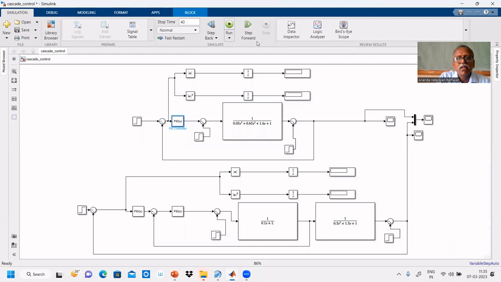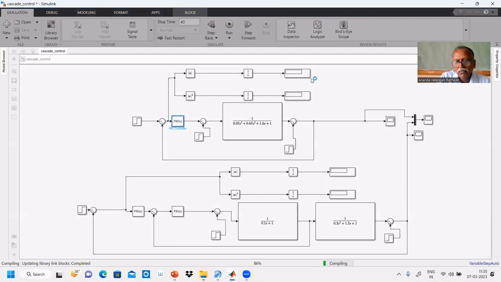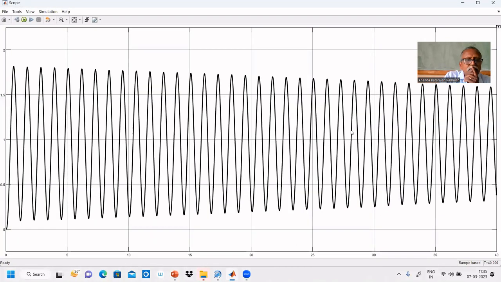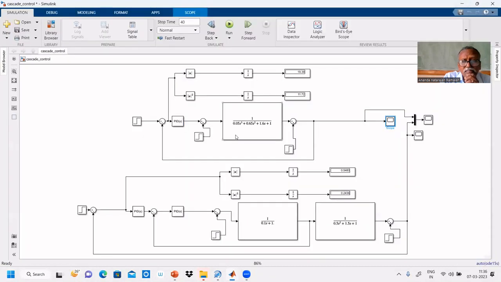If you see, it's almost sustained oscillation.